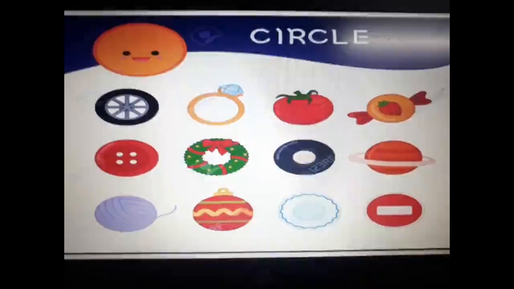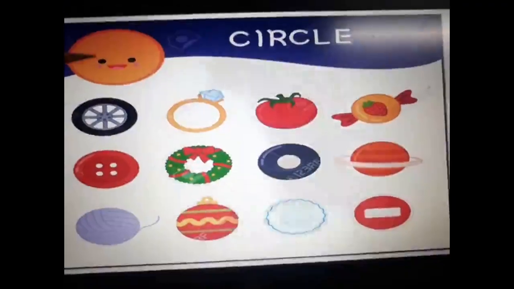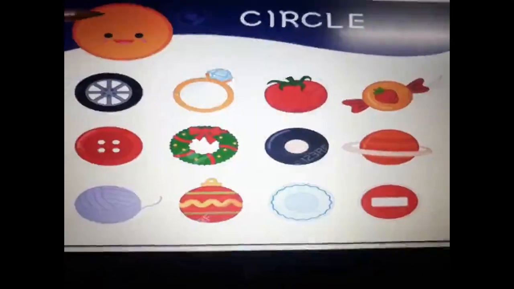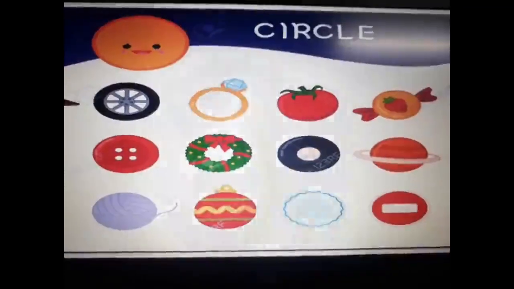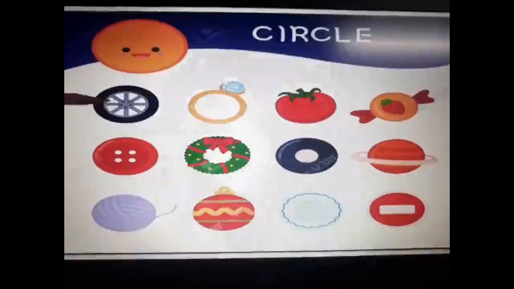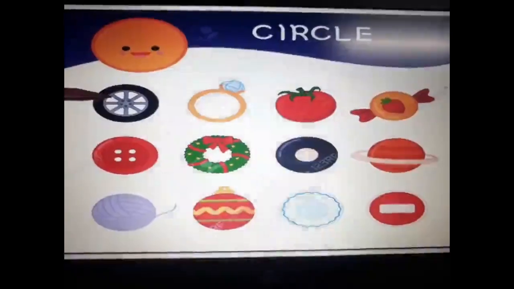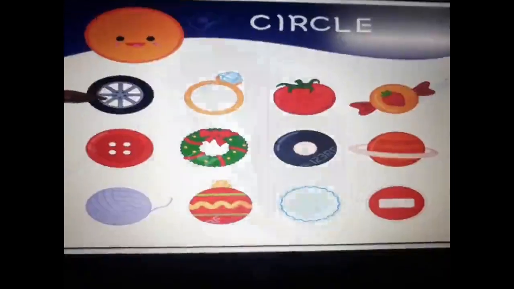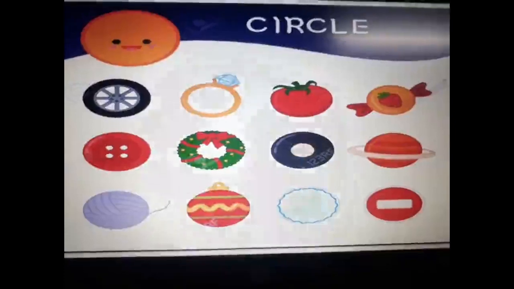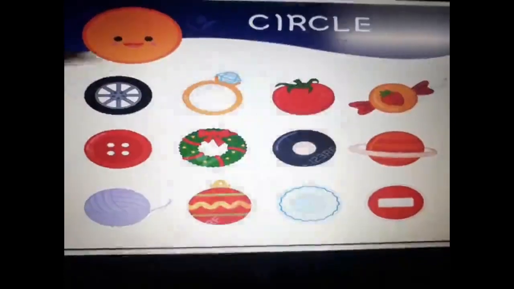Let's see them. A beautiful smiling face. Can you see this? A smiling face is here. Then we have the wheel. It can be a wheel of cart, cars, buses, scooters. जो tires होते हैं, they all are circle in shape.